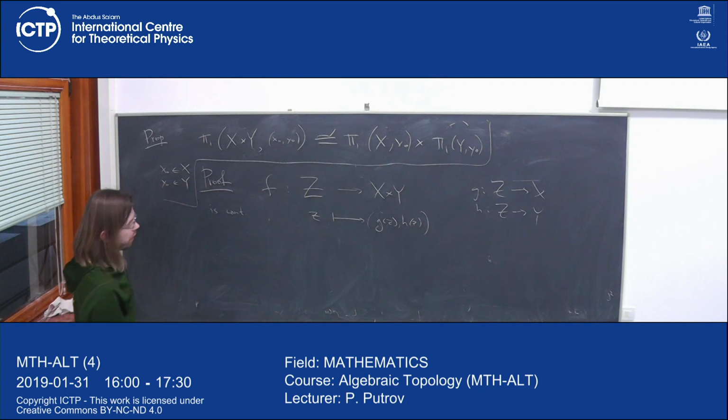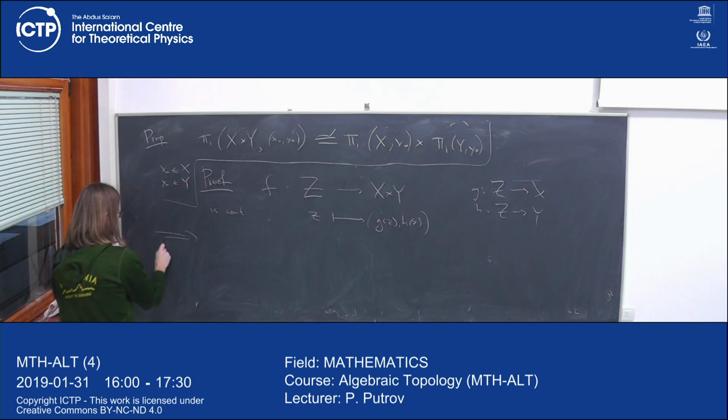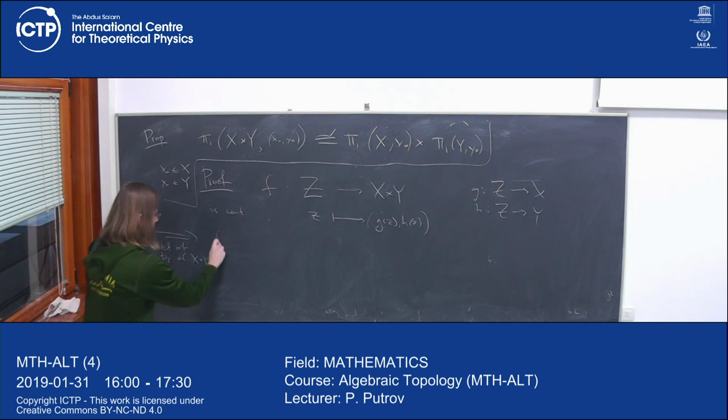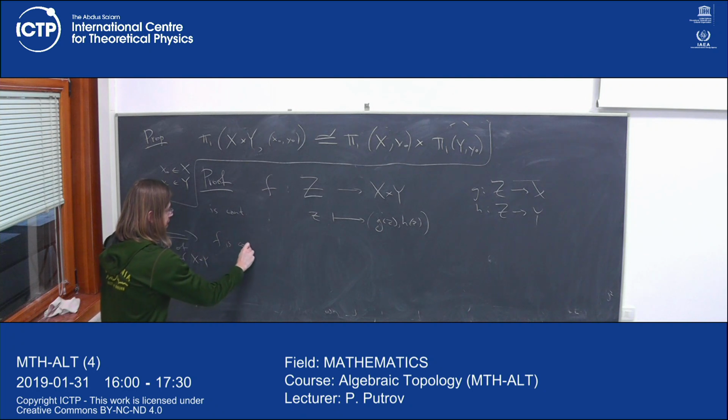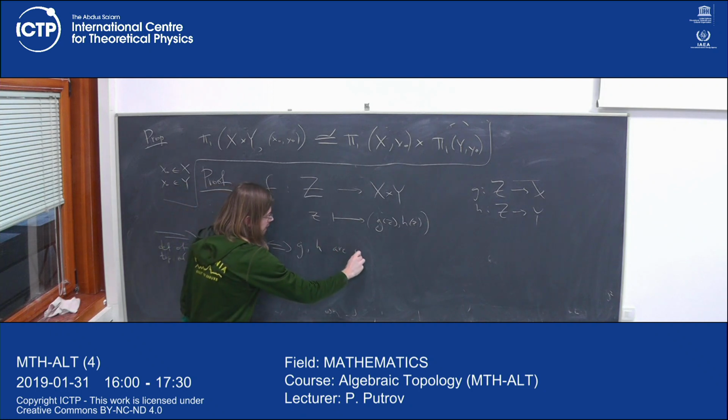And the property, from the definition of the topology of X times Y, one can see that f is continuous whenever both g and h are continuous.